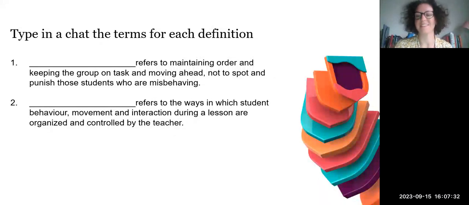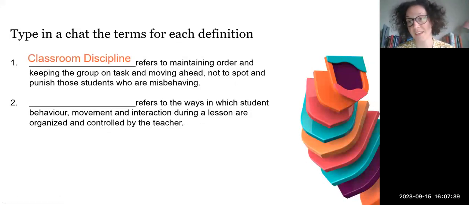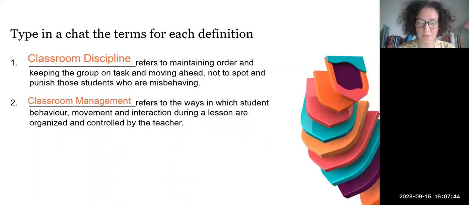Okay, so everybody writes the first one is classroom management. Let's see. So the first one would be classroom discipline, and the second one would be classroom management.